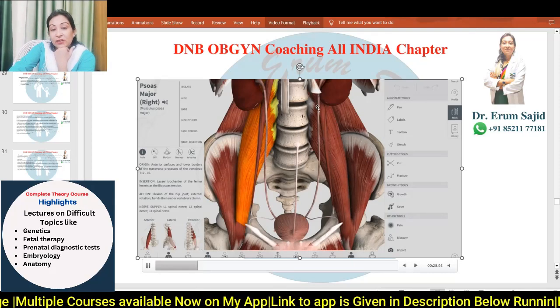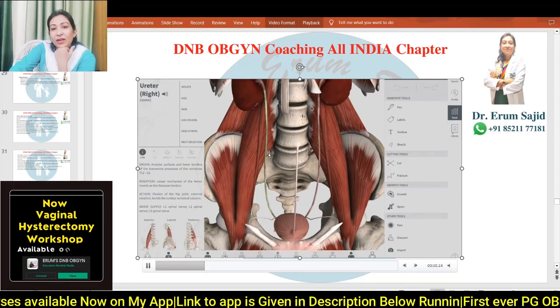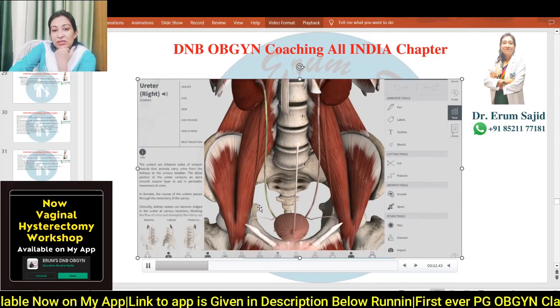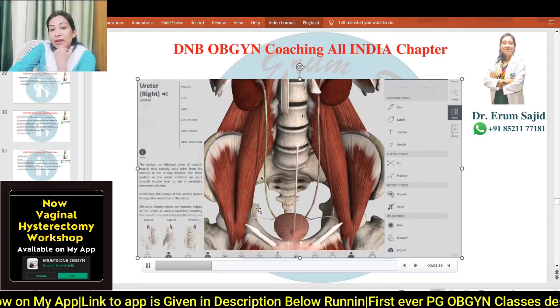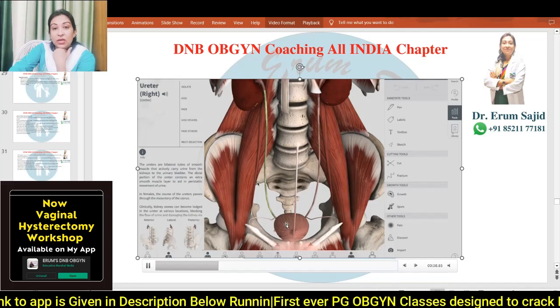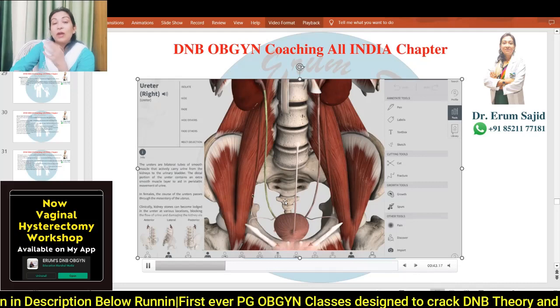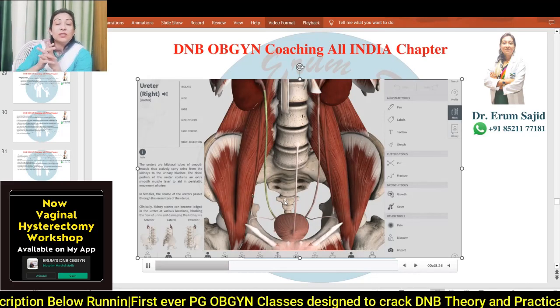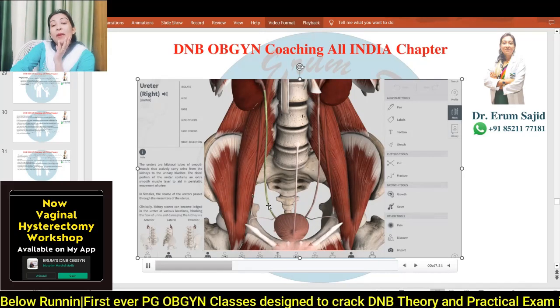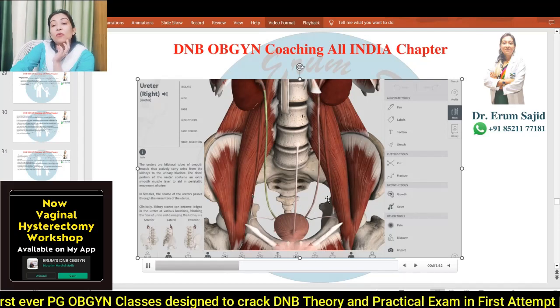Over here, it's lying almost on the medial border of the psoas major muscle. And here, if you can see the ischial spine, it's here where it's going to move medially forwards. This is the pelvic part, which we are more concerned with as gynecologists. So here it bends a little forwards and medially at the level of the ischial spine.